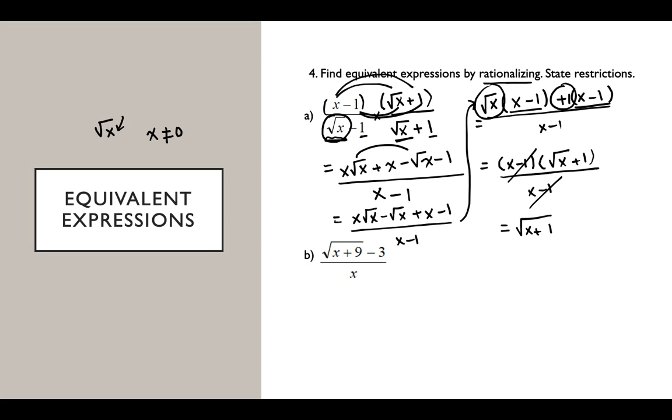But also, you have to keep in mind that x cannot be equal to 1. Why? Because square root of x minus 1 cannot equal 0, the whole denominator, and then square root of x cannot equal 1, right?